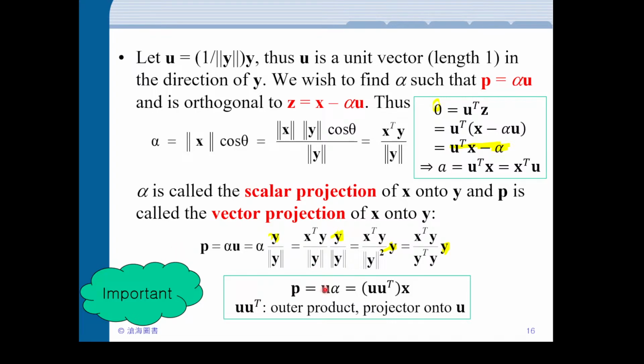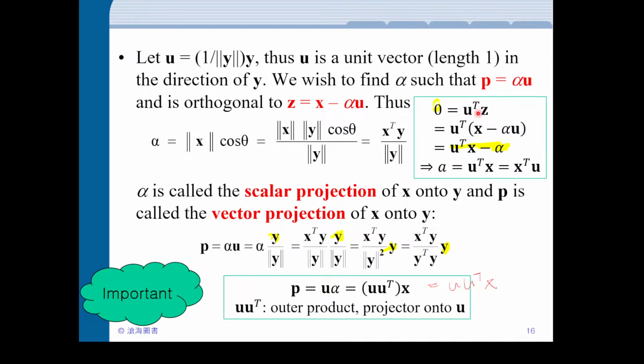So p is u times u^T x, as a matrix multiplication. And why is this u^T x a nice form? Because I guess I should still write one in the middle. So this is u^T x, just a matrix multiplication.